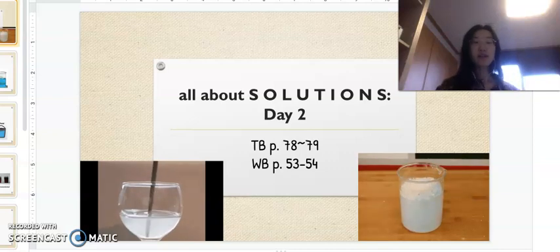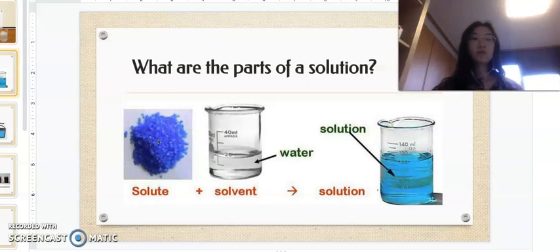So as a reminder, we got these two nice GIFs over here reminding us what a solution is. Remember, we have 3 parts of a solution. So just a quick review. The solute is the substance that is dissolved. So for example, salt, sugar. The solvent is the liquid.